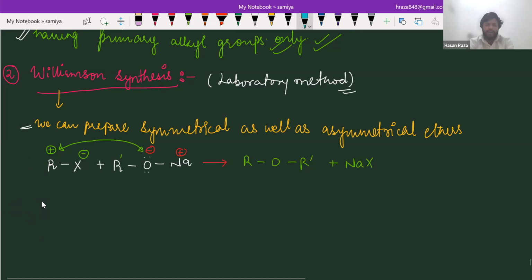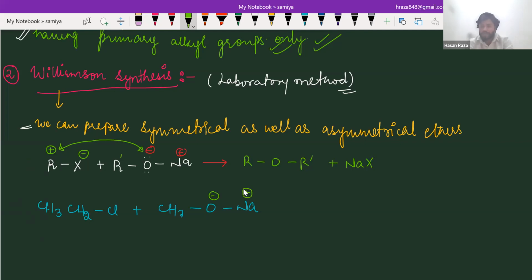If I take an example, CH3 CH2Cl and CH3ONa, chlorine is negative and here it is positive. So this will go here and this will go with this. It's very easy to understand.